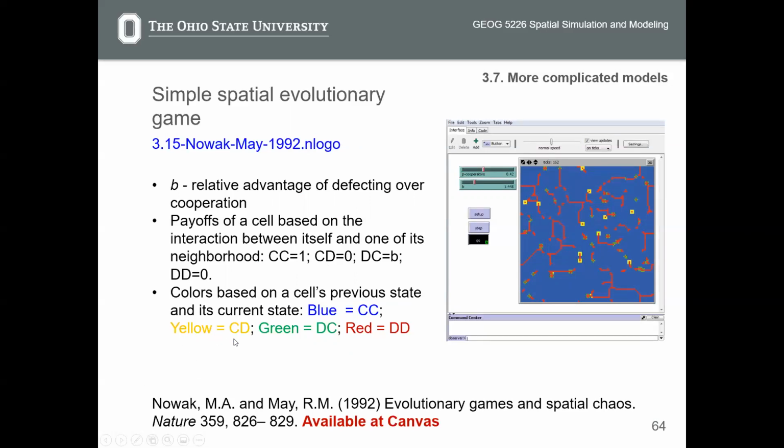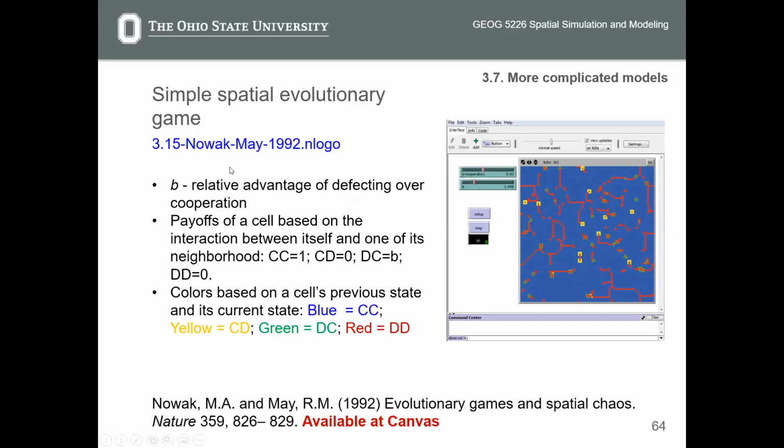If it is yellow, it means that in the last round it was cooperating, but this round is defecting. So it used to be a good person, now a bad person. And green is the opposite of yellow: used to be a bad person, and now a good person. Red means that this person is very vicious, used to be a defector and is still a defector.